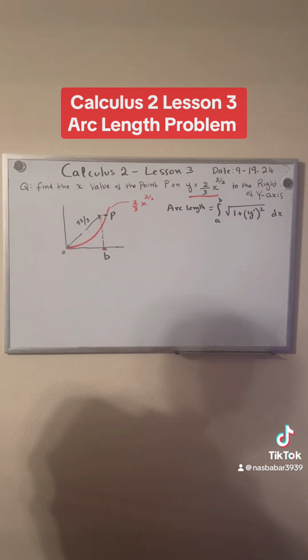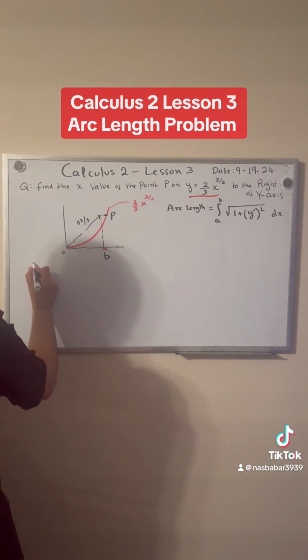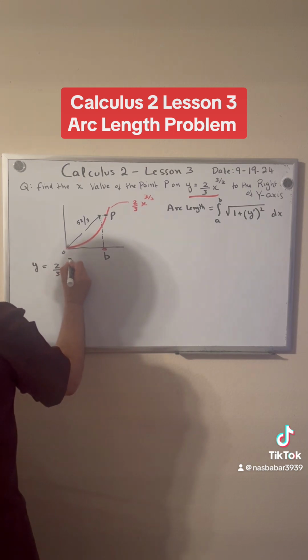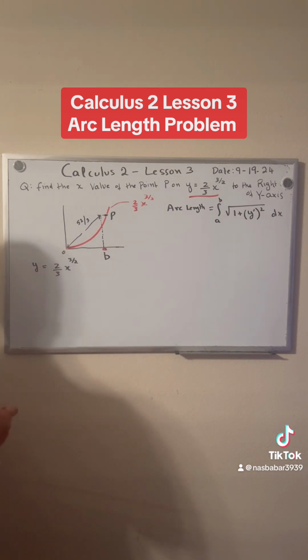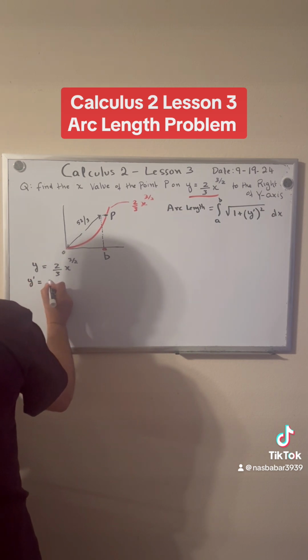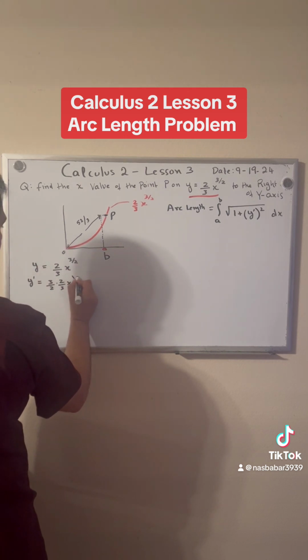Now I ask you, what is y in this case? It's given right here. y is equal to 2 over 3 x to the 3 over 2. So if I take the derivative of this, y prime, what will I get? 3 over 2 multiplied by 2 over 3 x raised to the power 3 over 2 minus 1, which is a half.